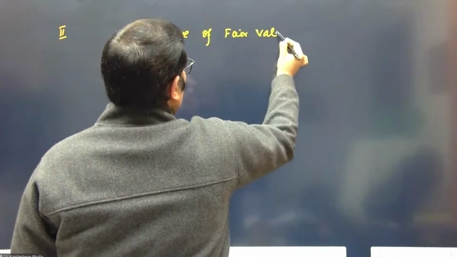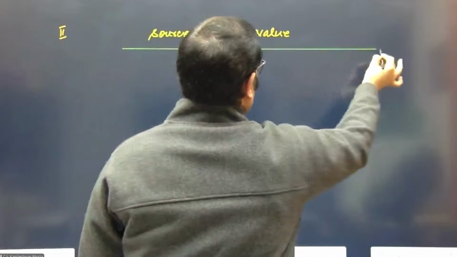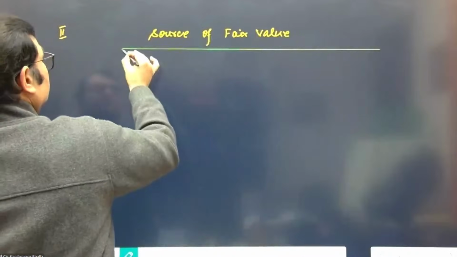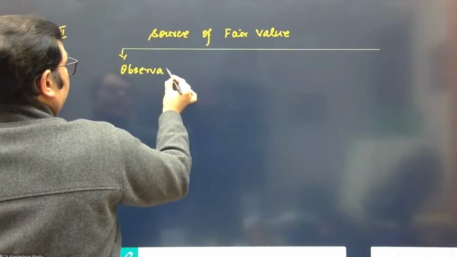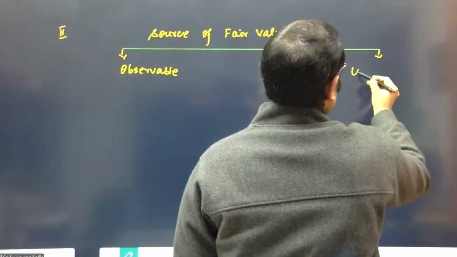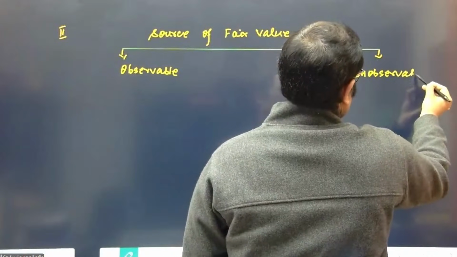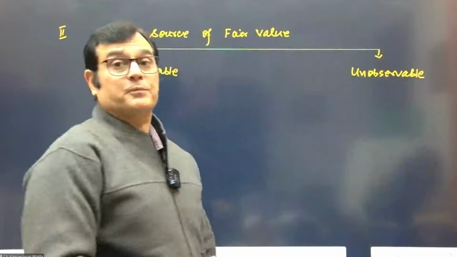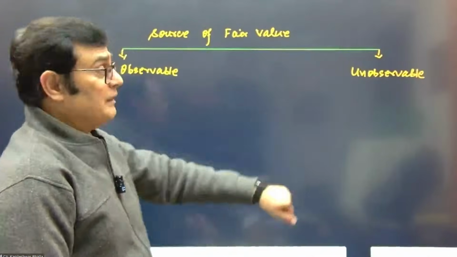We'll look at the source of the fair value in this case, and there will be 2 levels of data. Either it is observable as per Ind AS 113, or it is based on unobservable data.